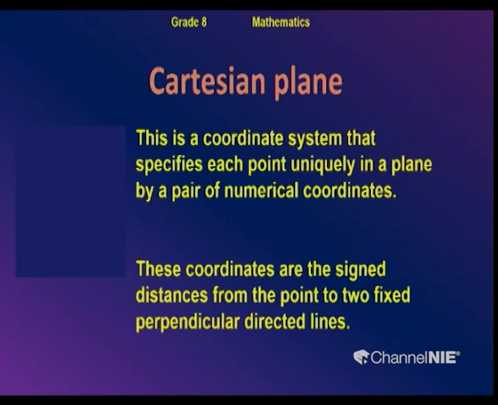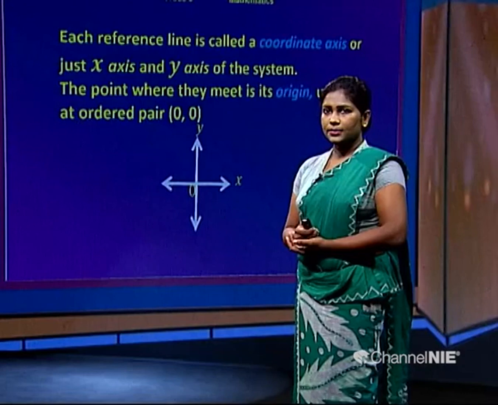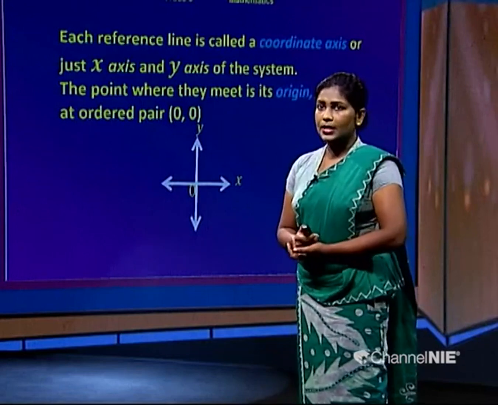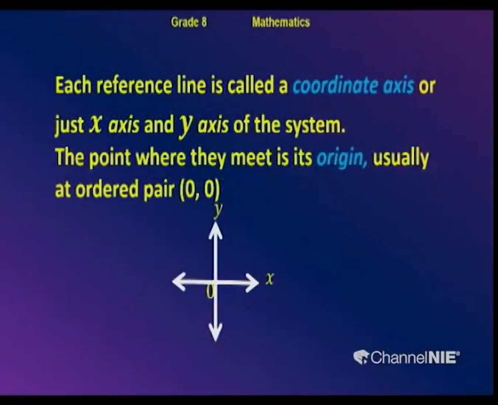Each reference line is called a coordinate axis, or just the x-axis and y-axis of the system. The point where they meet is the origin, usually at ordered pair 0, 0.